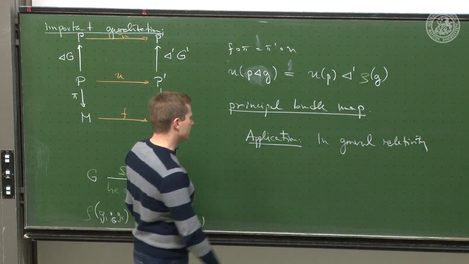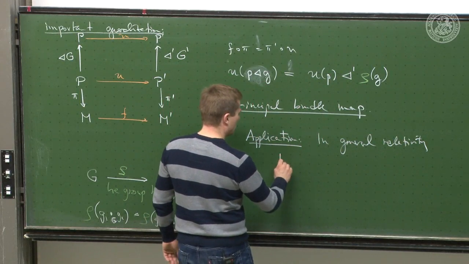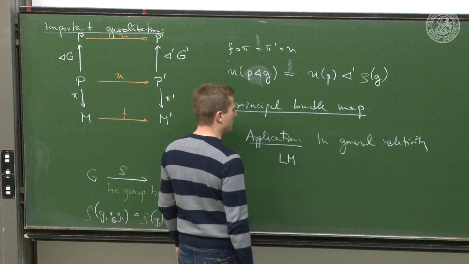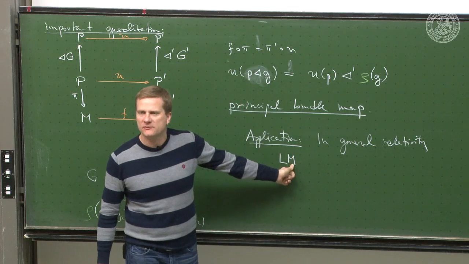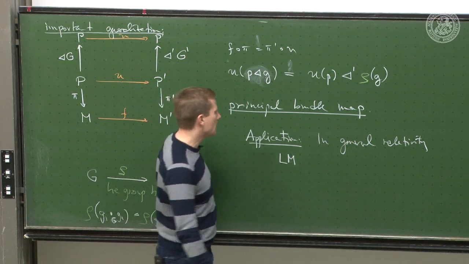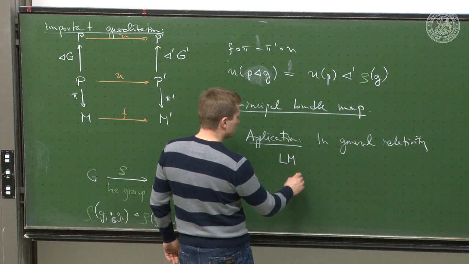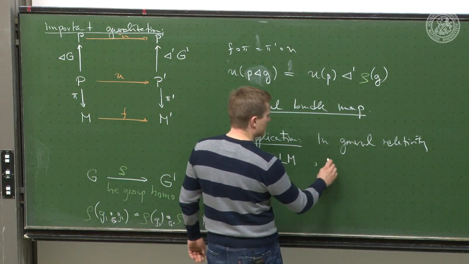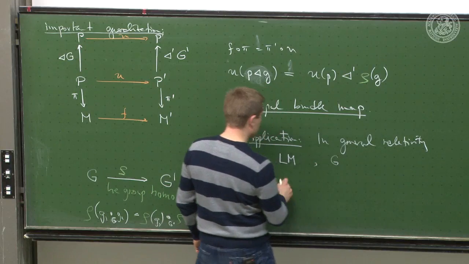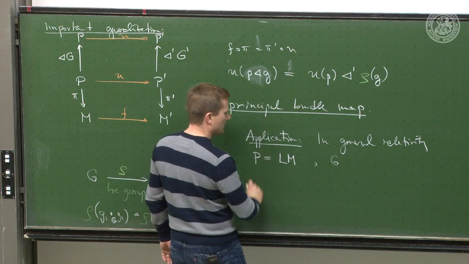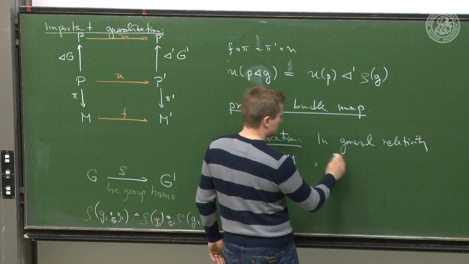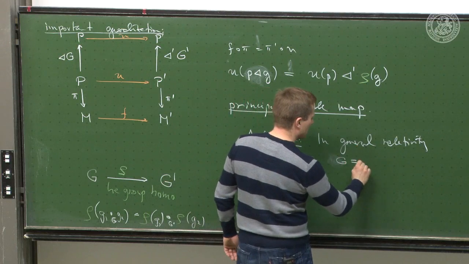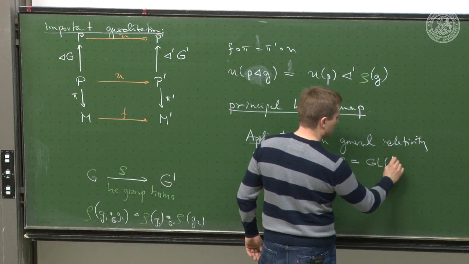In general relativity, we would often look at the frame bundle over the space-time manifold M. And this is this guy, and the group that acts on there, so that would be the P, the M is the M, right? And the G is GL(d, R).